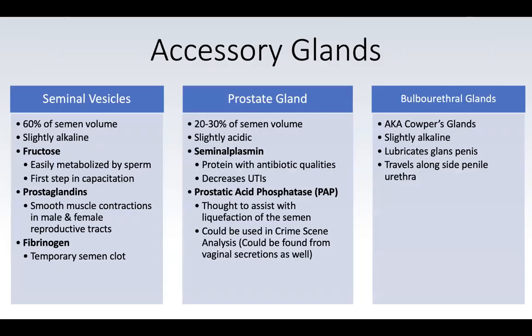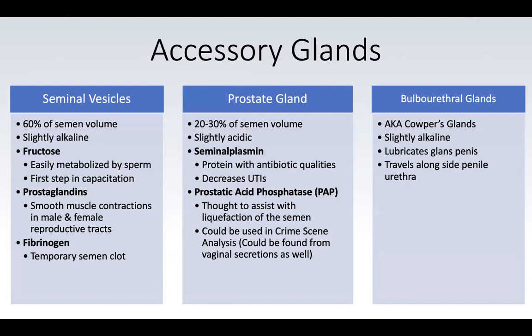So what do I mean by that exactly? Well, here is an excellent summary slide of what the accessory glands provide. The seminal vesicles provide the most contribution. That's worth knowing. It is supported by the prostate gland, and the bulbourethral glands have some contribution.